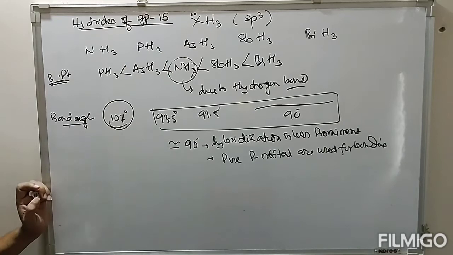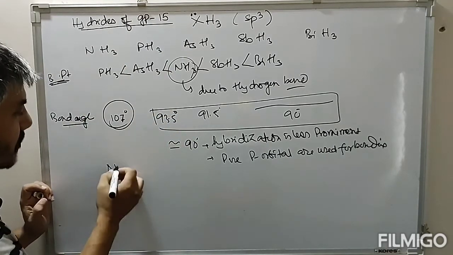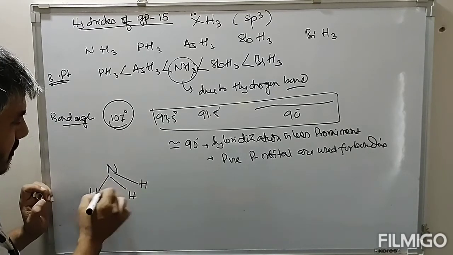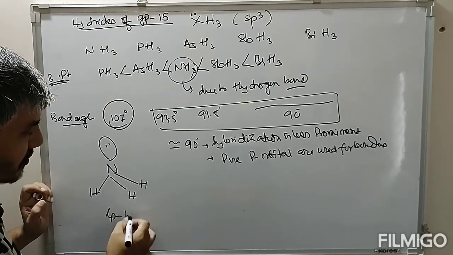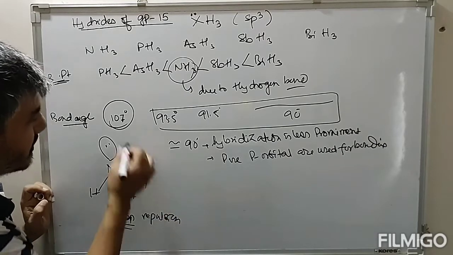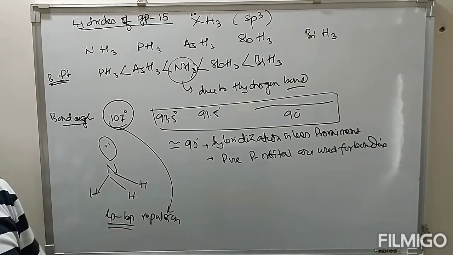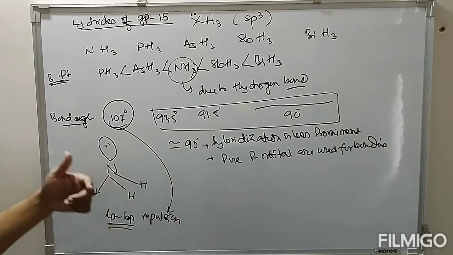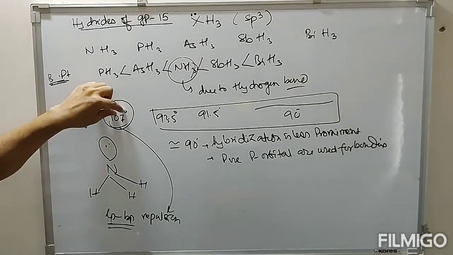Now we are saying ammonia undergoes sp3 hybridization, so the bond angle should be 109 degrees, but due to the lone pair we have lone pair-bond pair repulsion, so the bond angle is less than the tetrahedral angle of 109. So in ammonia, hybridization is prominent, and because of the lone pair, the bond angle is slightly less than the tetrahedral angle.